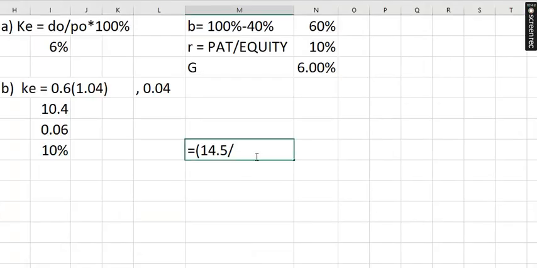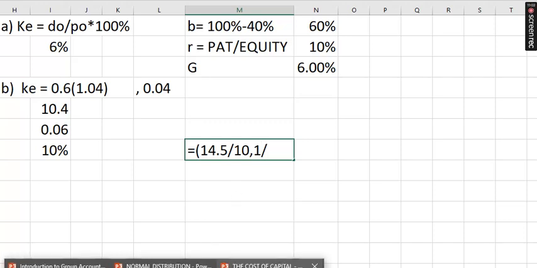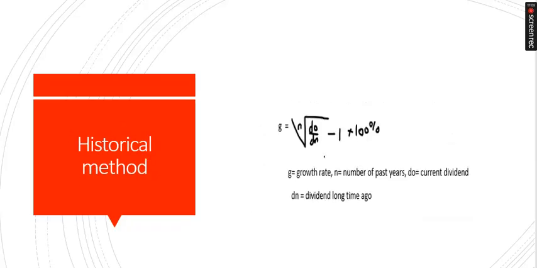So over 10, you put a comma. Then you put 1. Why 1? 1 stands for the square root function. So 1 over. Now we look at how many years. In the formula, it says to the power n. This n stands for number of past years.